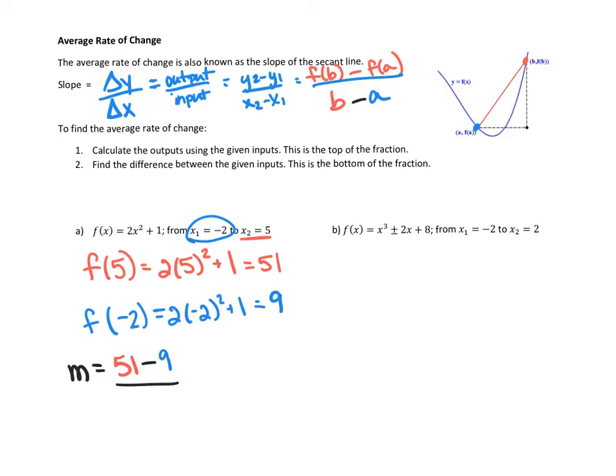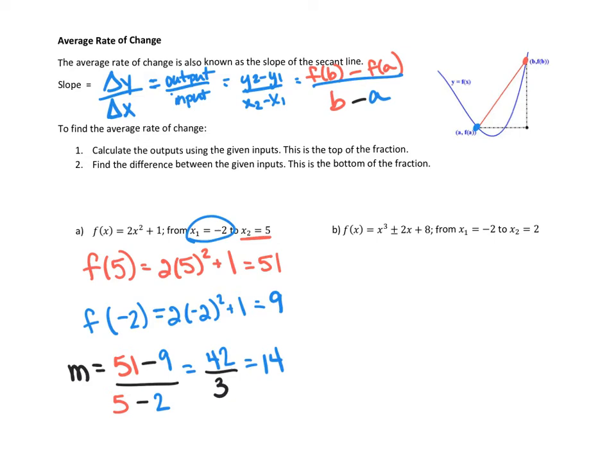And the inputs are 5 minus negative 2. 51 minus 9 is going to be 42, over 5 minus negative 2, which is 7. And so 42 divided by 7, we'll simplify that. That gives us a slope of 6. So all this is just finding slope. So let's do one more.